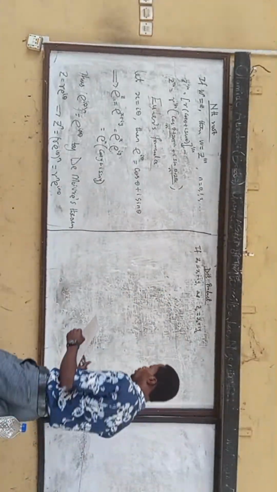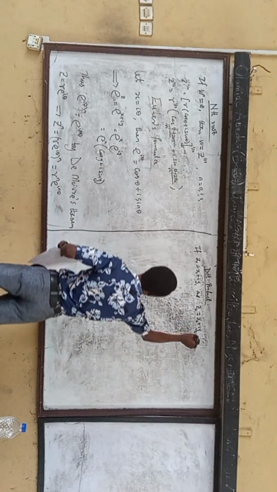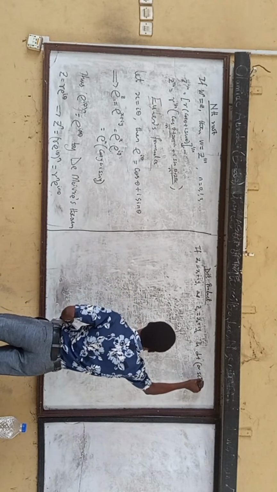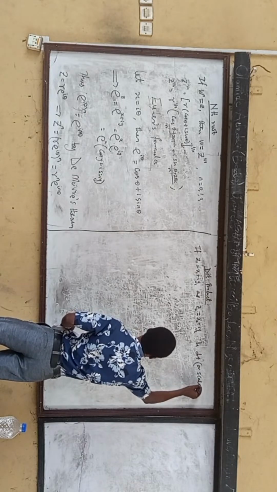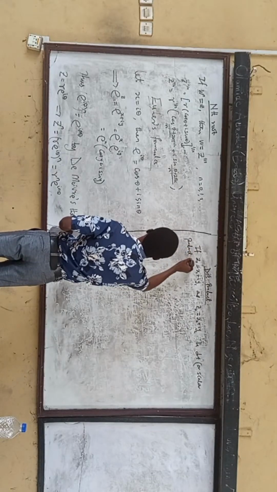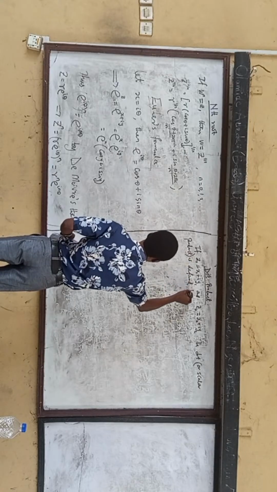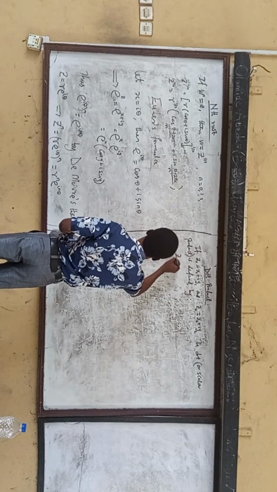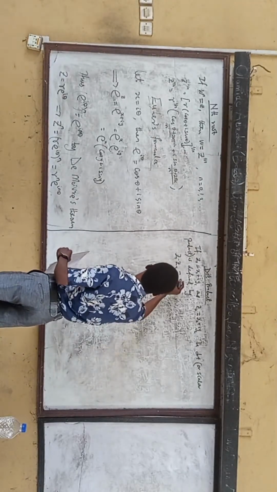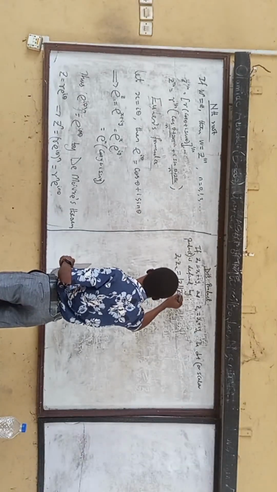So it means that the dot or scalar product is defined by z1 dot z2, and that is simply the modulus of z1 times modulus of z2.